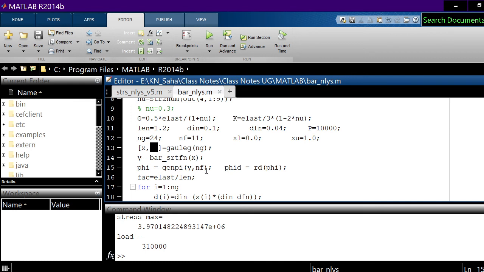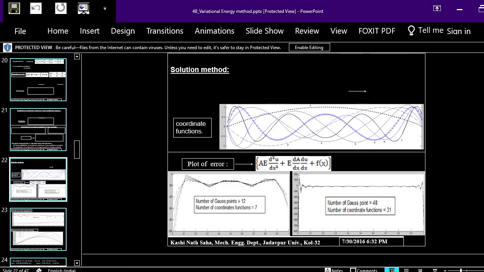And then this is the derivative. This is a case of numerical differentiation. So what is this routine? This is for differentiation. What it is differentiating? It is differentiating the functions. And what it is returning? The derivative of this function, which is phi d. Okay, do we require second order derivative?